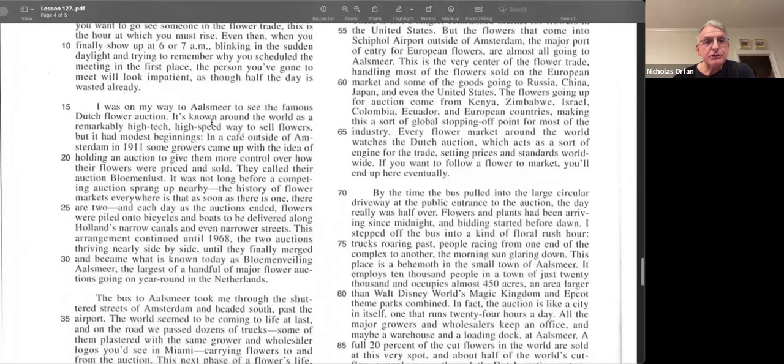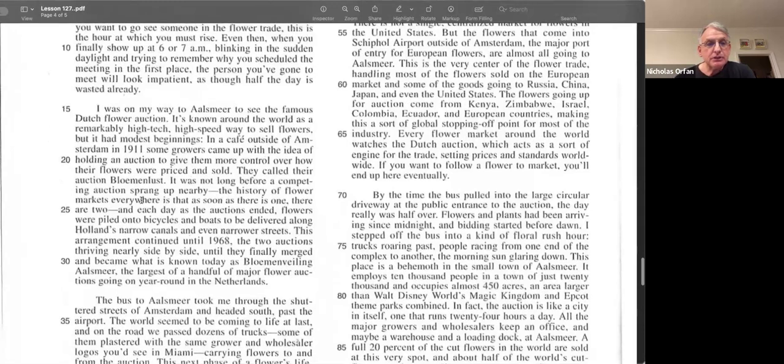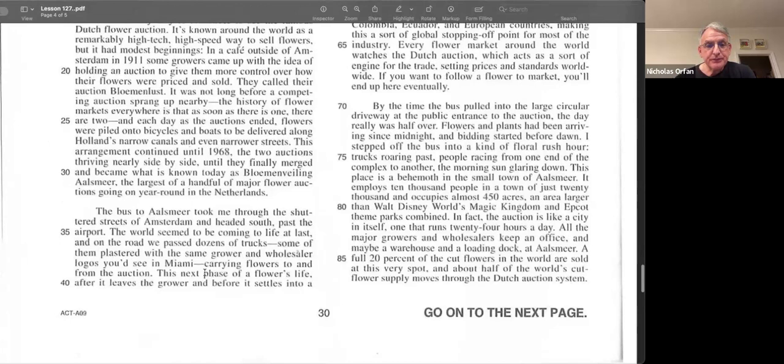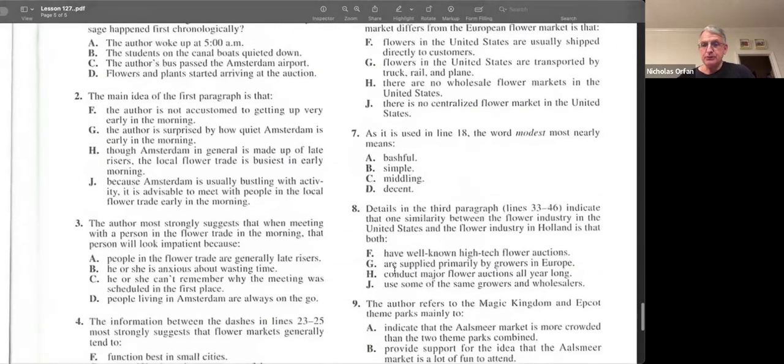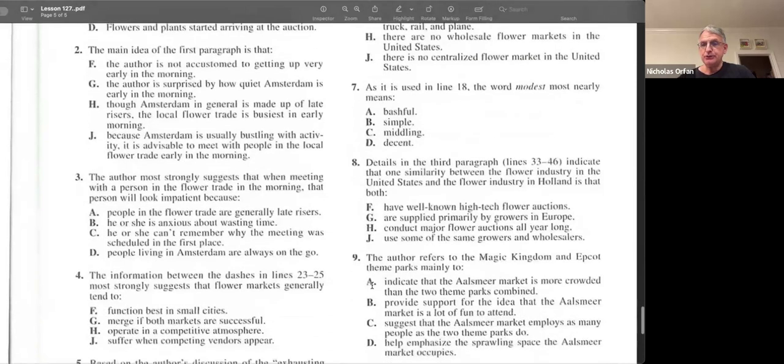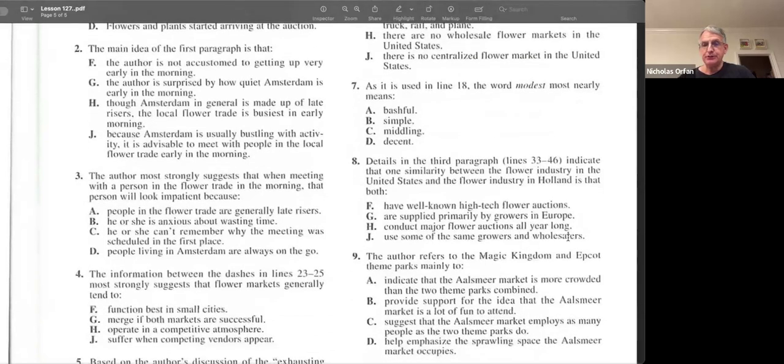Aalsmeer, famous Dutch flower auction. Okay, here we go. Some of the same, plastered with the same grower and wholesaler logos you'd see in Miami. So they're sharing some growers and wholesalers. And it says it right in the text. So J is the right answer. Okay, use some of the same growers and wholesalers.